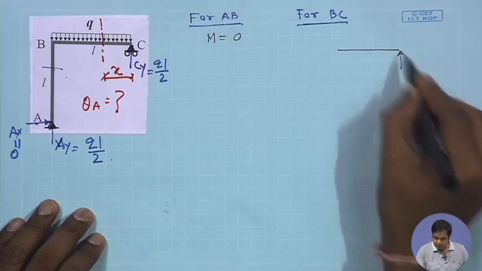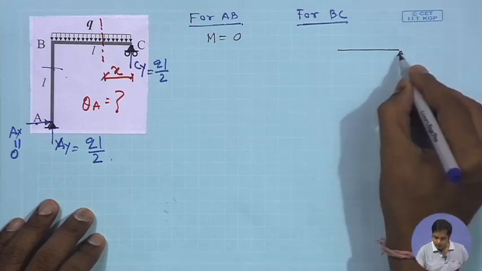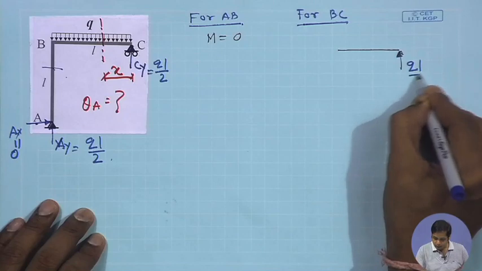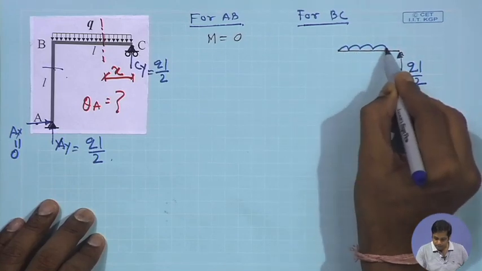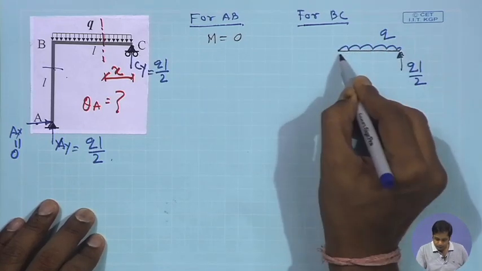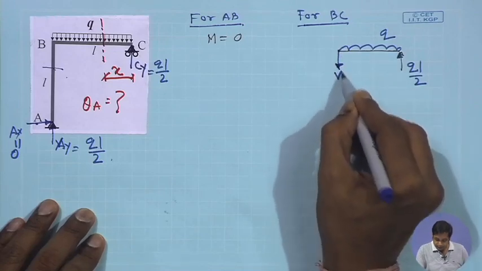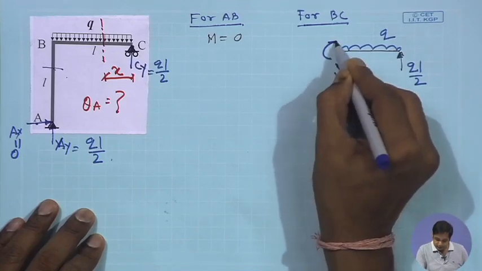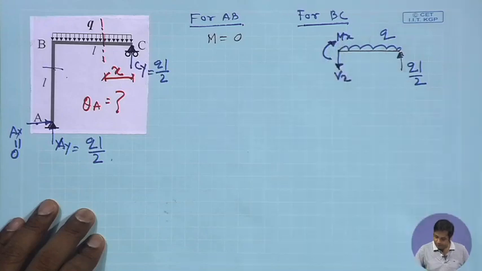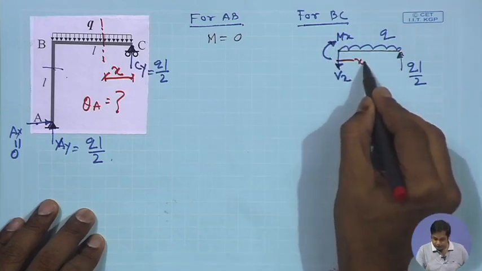This is QL by 2, this is Q, and then this is Vx and this is Mx, and this distance is x.